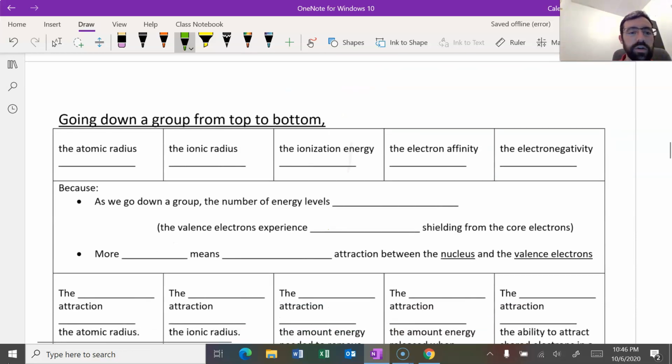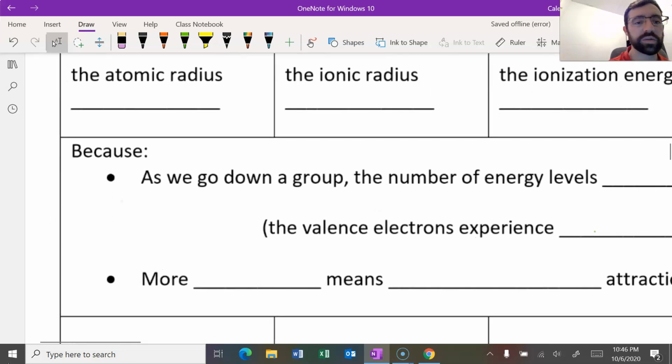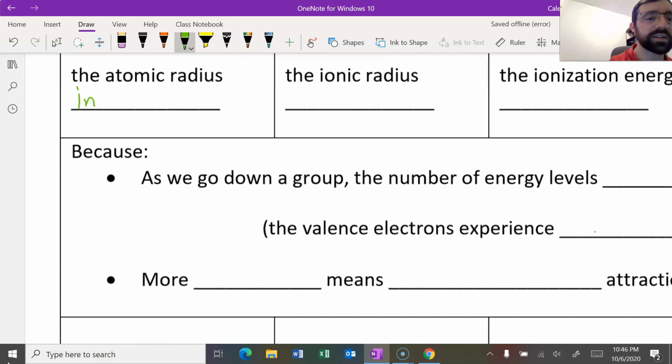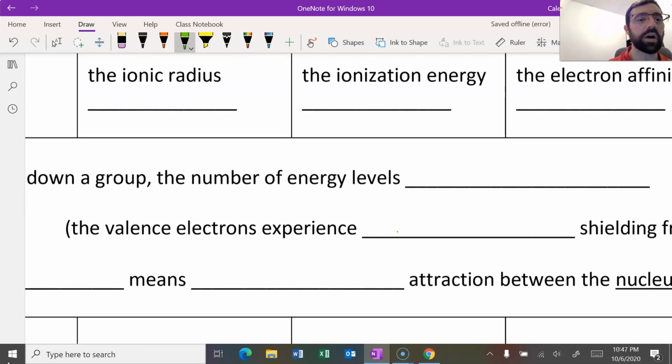All right, continuing on, going down a group from top to bottom. We want to explain each of these trends, putting page 1 and page 2 together. The atomic radius, as we go down a group, increases. We said that the ionic radius, as we go from top to bottom, also increases.